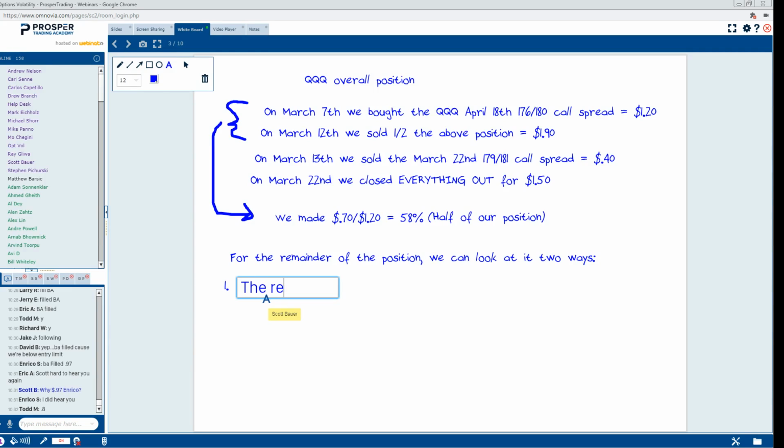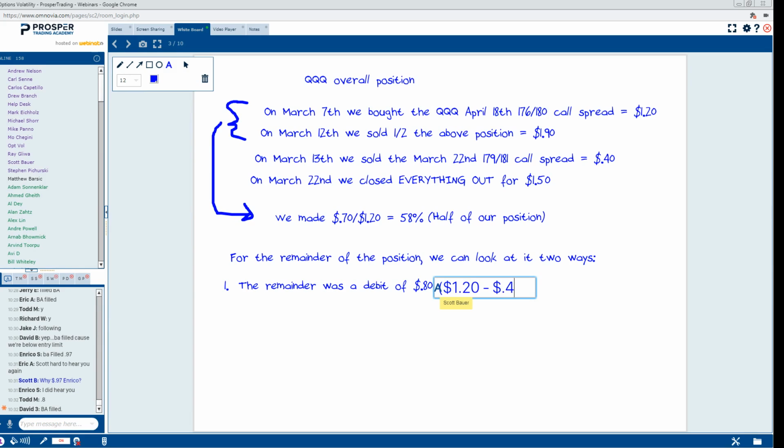So the remainder was a debit of 80 cents, right? The $1.20 we originally paid, less the 40 cents we collected. Everybody follow that?